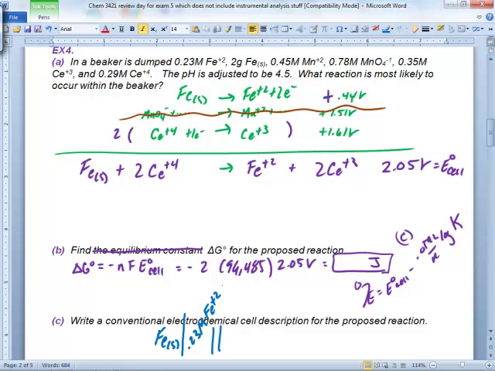Do the same thing for the other side now. Cesium-4 is 0.29 molar. And is there a phase change? No. So you're not going to put a line, we're going to put a comma. Cesium-3 is 0.35.